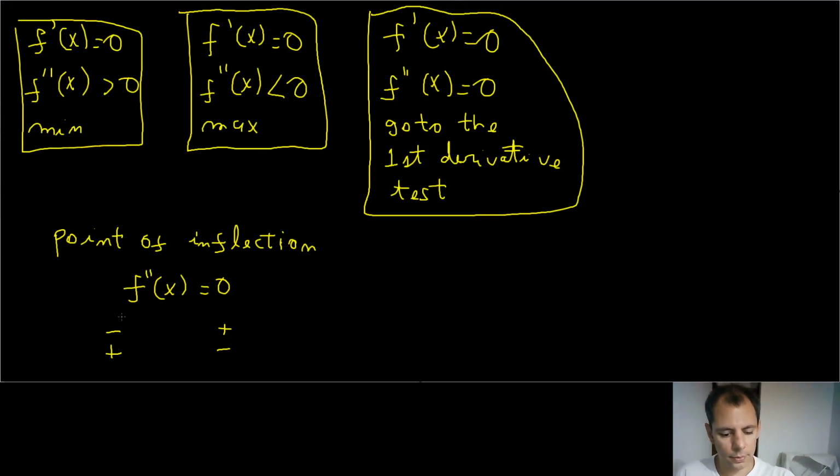Let me just think here for a second about something. So here, the first derivative is positive, and then it becomes 0, and then it becomes positive.